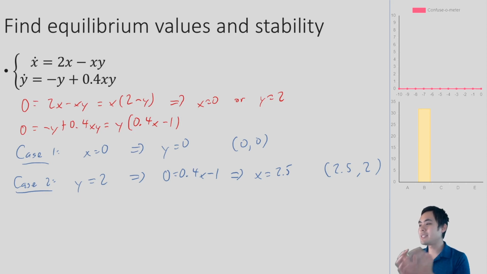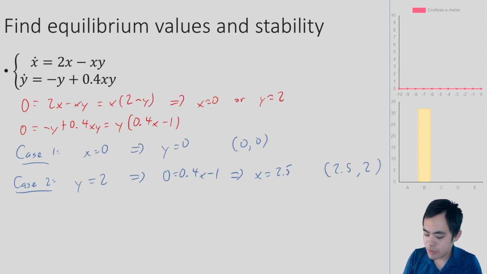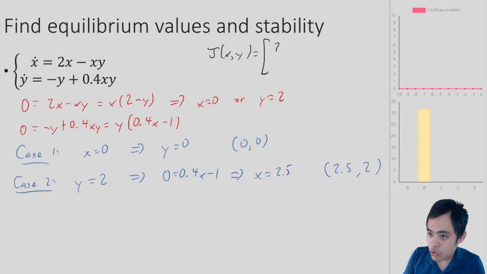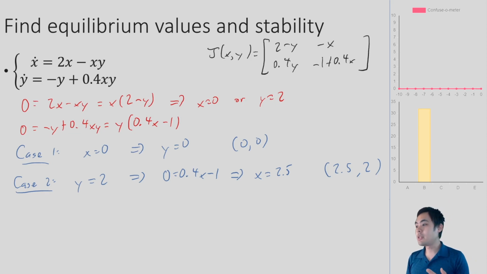Now the question is, is this a stable equilibrium? Well, in order to figure that out, we just need to take the Jacobian matrix. And so the Jacobian matrix here is equal to [2 - y, -x; 0.4y, -1 + 0.4x]. And so we can actually compute the stability.